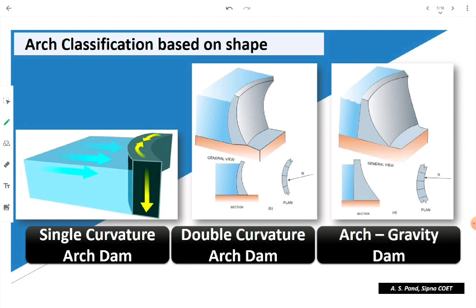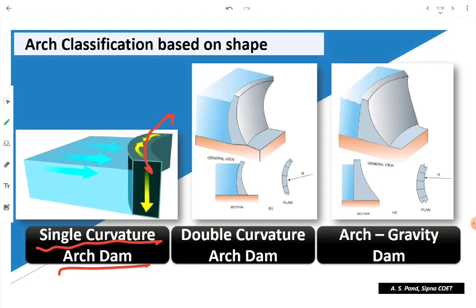There are three prominent shape criteria that divide the arch dam into three types. See, this is the single curvature arch dam. Single curvature means the only curvature provided in the dam is in the plan. Only from the top view will you see the curvature of that arch dam.